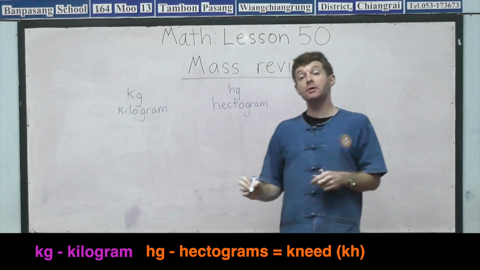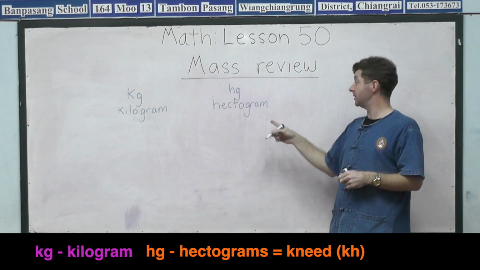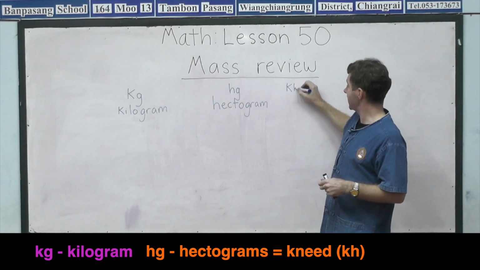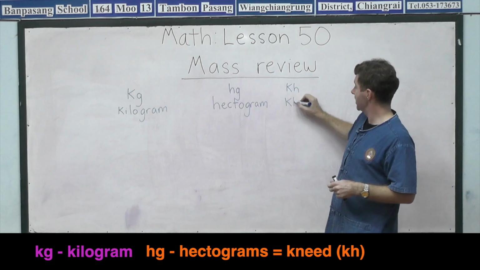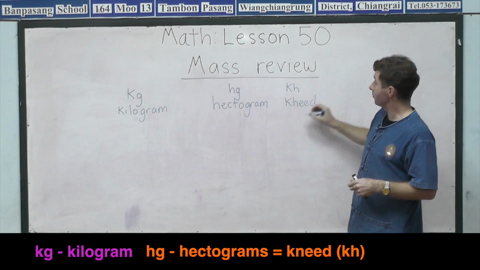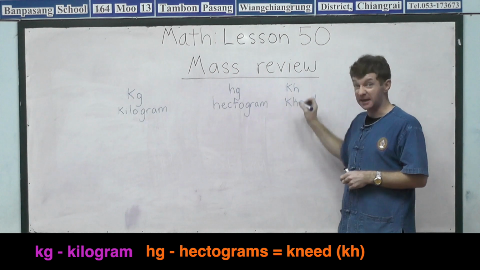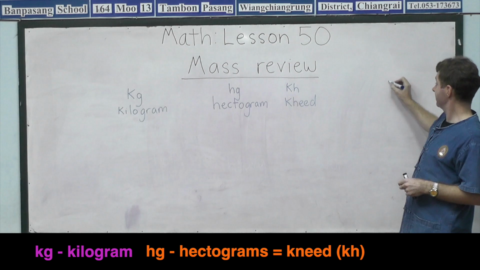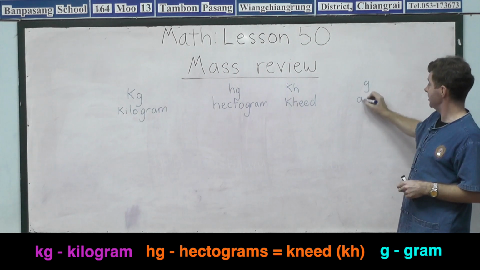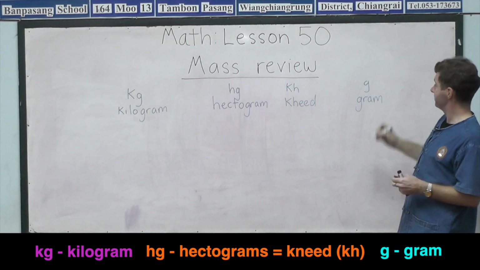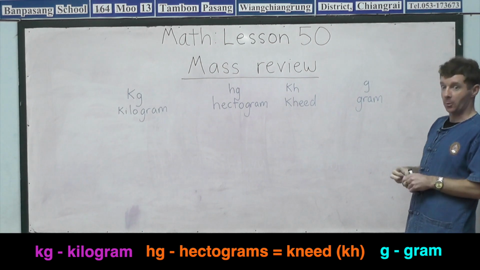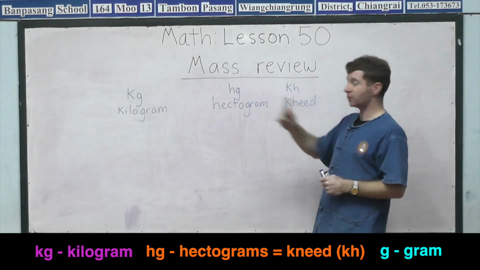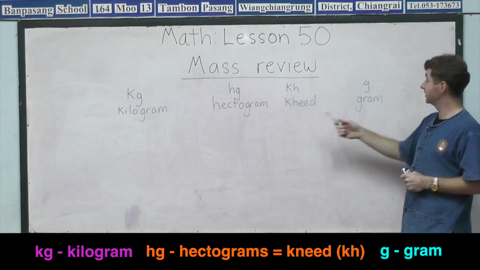And does anybody remember the weight that is the same as hectogram? Kid, that we use in Thailand, and we will spell it. Remember, hectogram and kid are the same. And the final one? G-R-A-M. Gram. Okay? Kilogram. Hectogram. Kid. Gram.